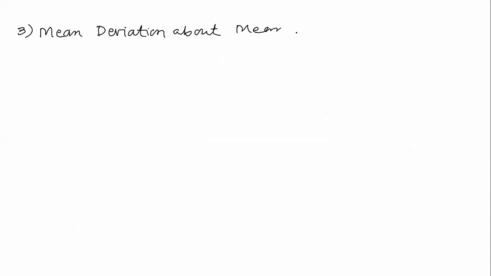Here I am giving the formula for raw data as 1 upon n, summation i from 1 to n, absolute value of xi minus x bar.